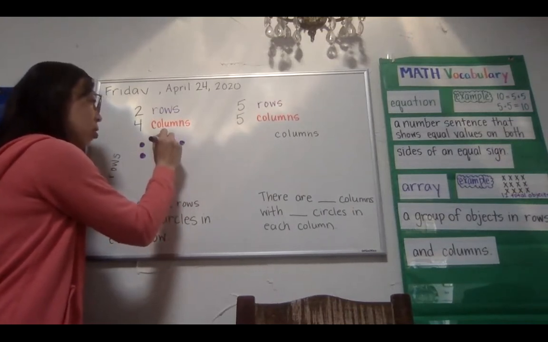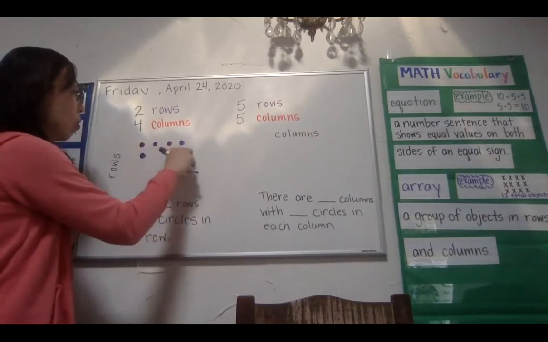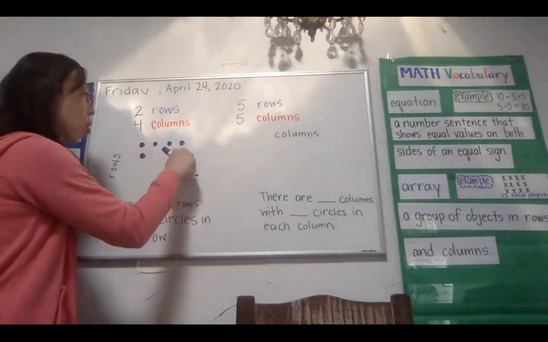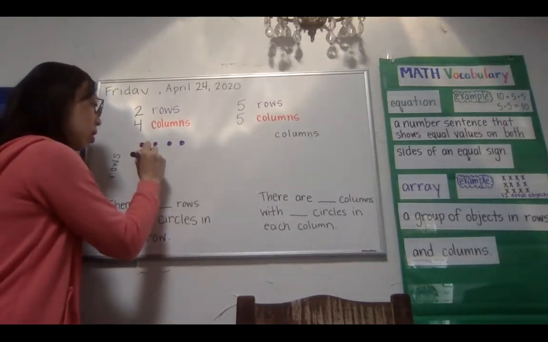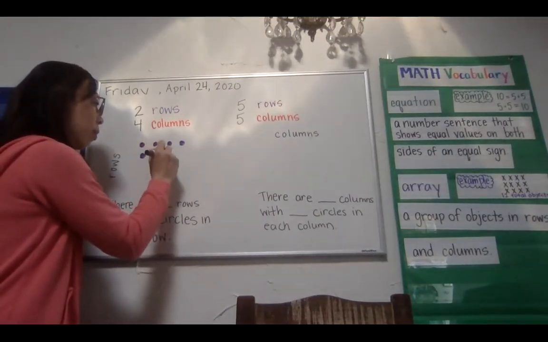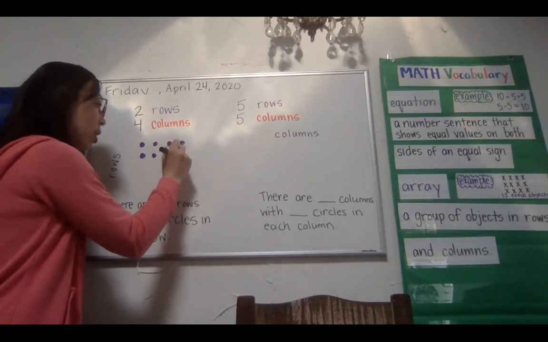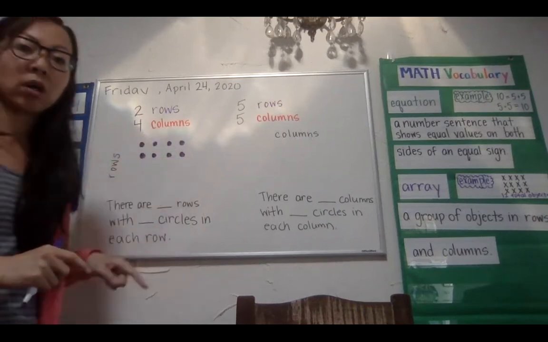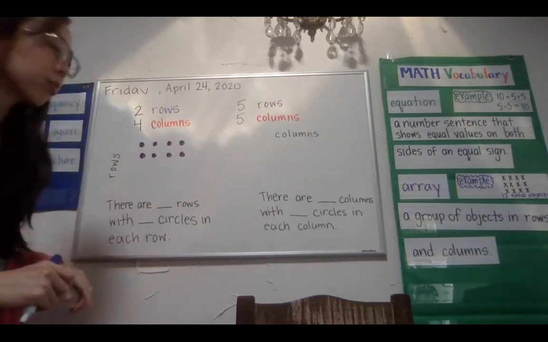So if I know that I have 2 rows, but 4 columns, I will have 4 dots or circles in each row. So now I've created my array. I have an array that has 2 rows and 4 columns in each row.